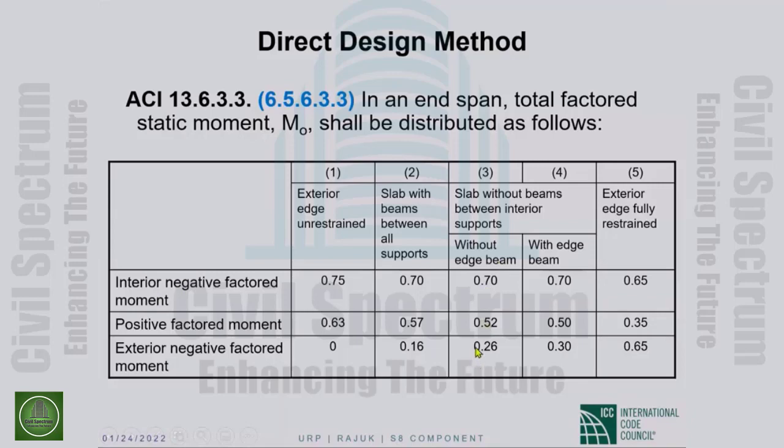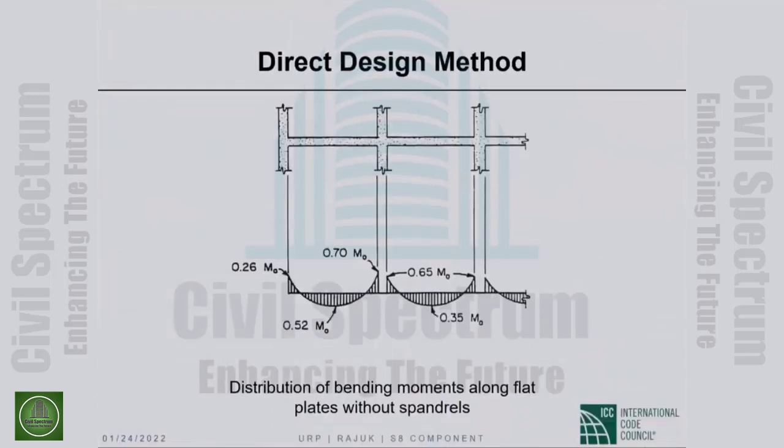And the negative moment at the exterior support is 26% of M sub 0. 70 plus 26 is 96. Half of that is 48. So average negative moment is 48% plus 52% gives you 100% of M sub 0.